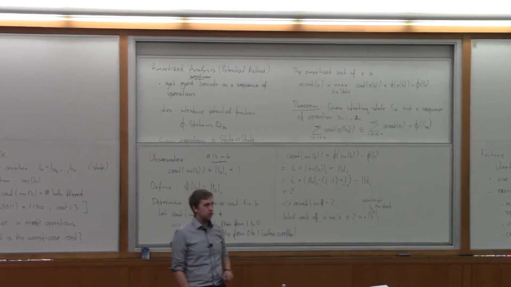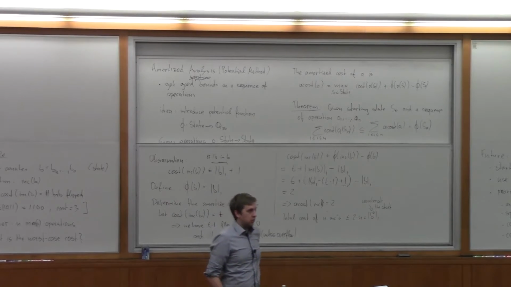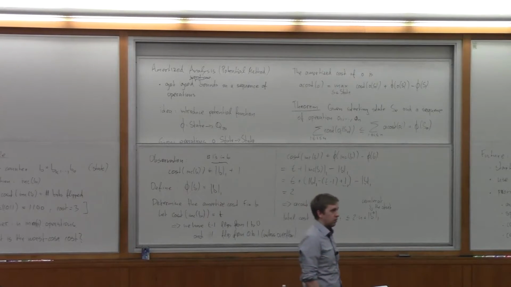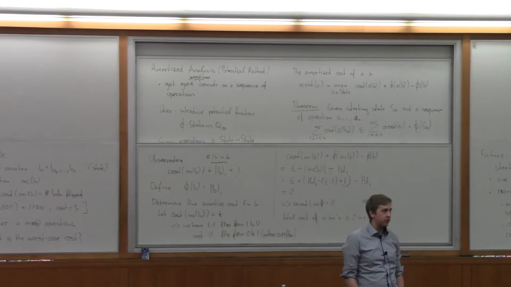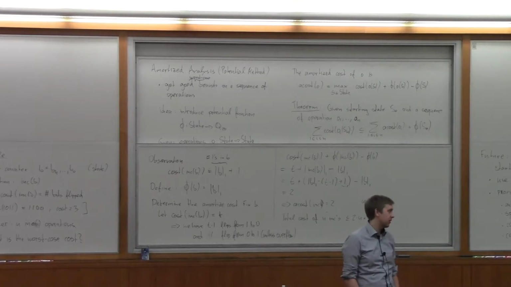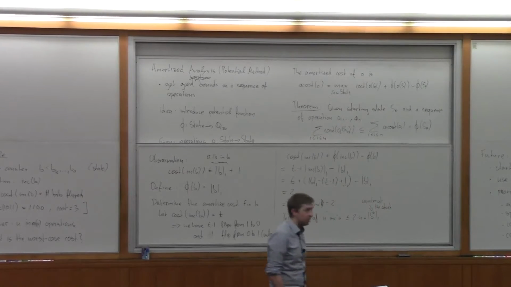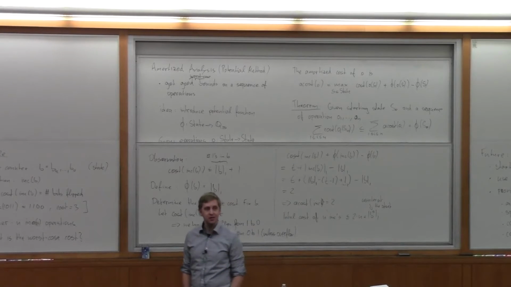Yes. So, piggybacking off that, is there a way to know if we have the best bound? I'm not aware of any way of knowing that. Yeah, that's a good question. I don't know.